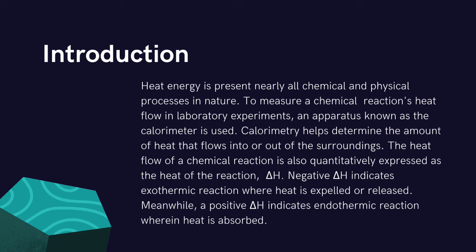In this experiment, a styrofoam cup will be used in order to allow us to presume that no heat is being transferred through the calorimeter walls. The heat flow of a chemical reaction is also quantitatively expressed as the heat of the reaction, delta H. Negative delta H means that the reaction is exothermic, where the heat is evolved, and positive delta H means the reaction is endothermic, where heat is absorbed.